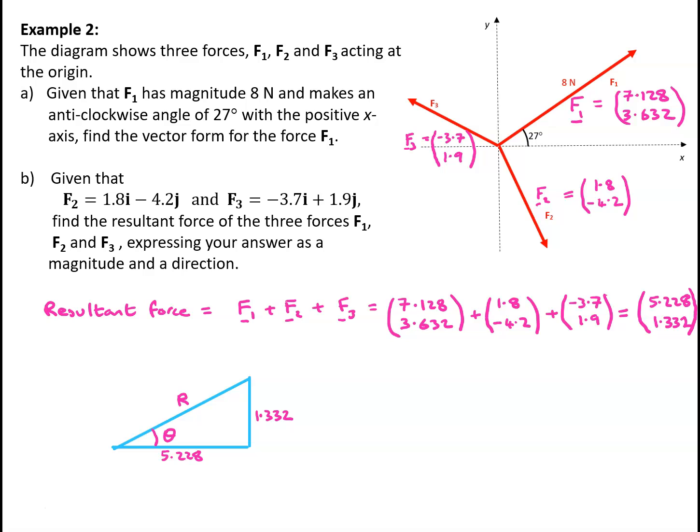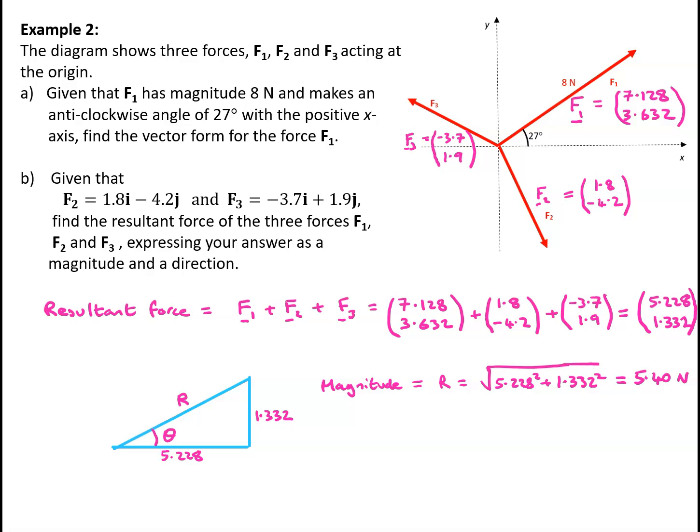And using Pythagoras now, we can say that the magnitude of the resultant force, which is R, must be the square root of 5.228 squared plus 1.332 squared, which gives me 5.40 newtons. And we can find the direction of this resultant force by finding the angle theta.